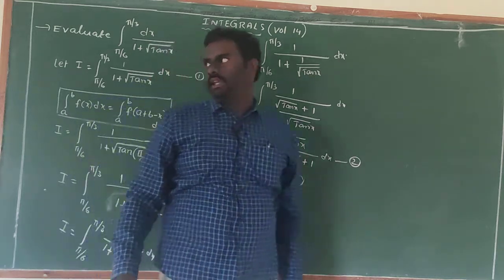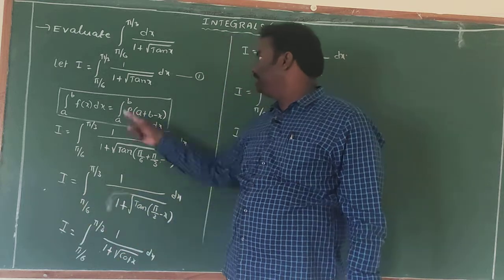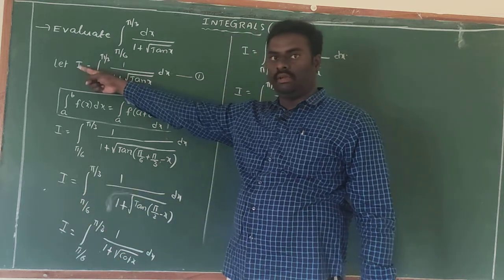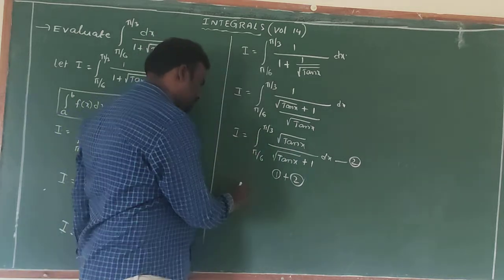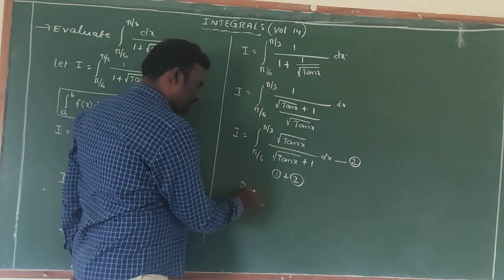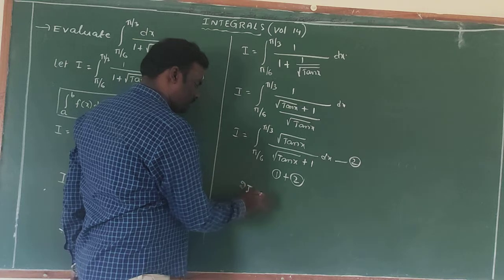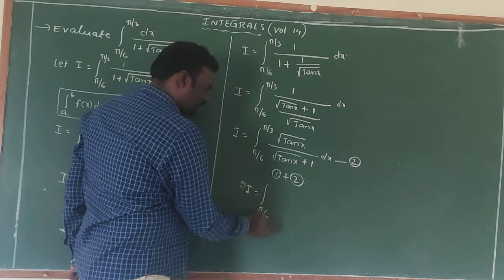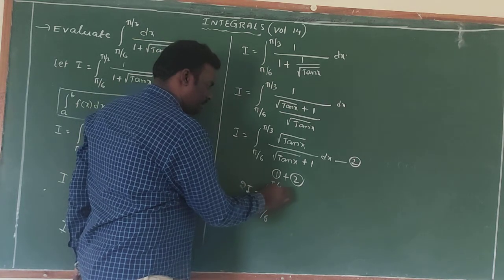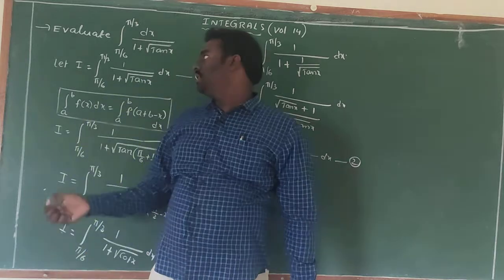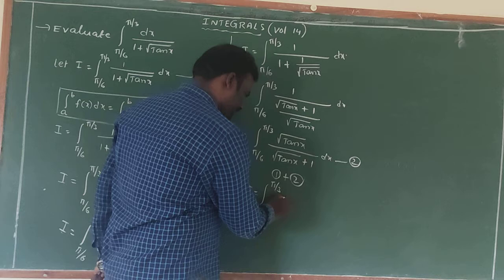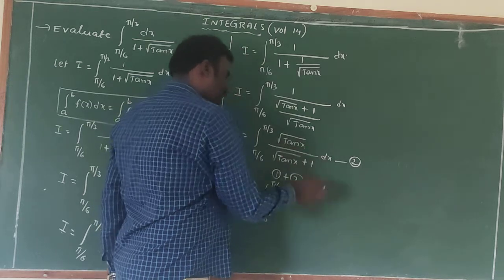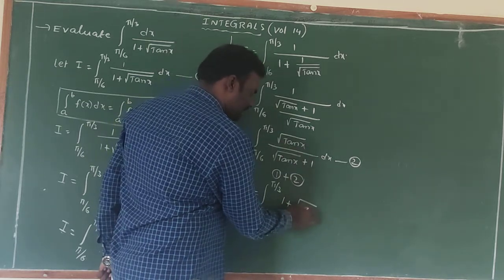In equation 1, I is there. Now here also I is there. I plus I is 2I. 2I is equal to integral pi by 6 to pi by 3. In equation 1, what is the numerator? 1. In equation 2, what is the numerator? Root tan x.